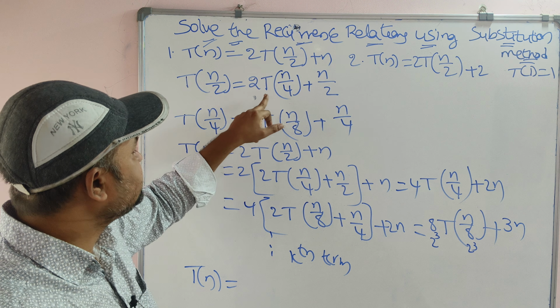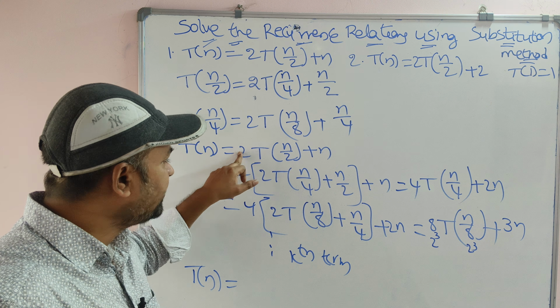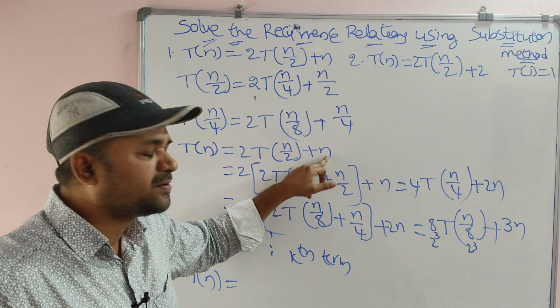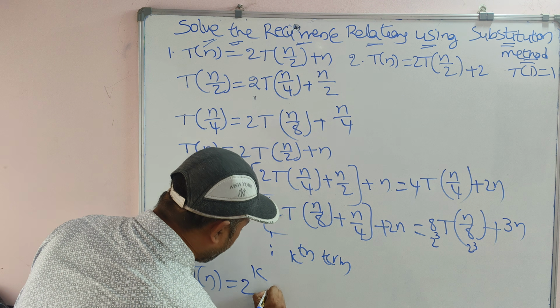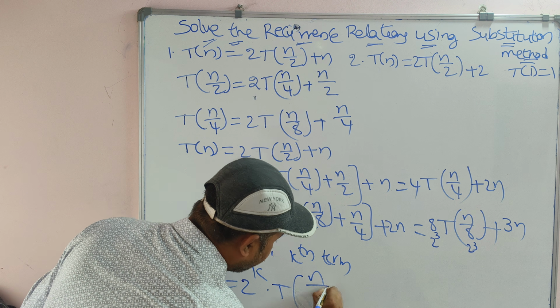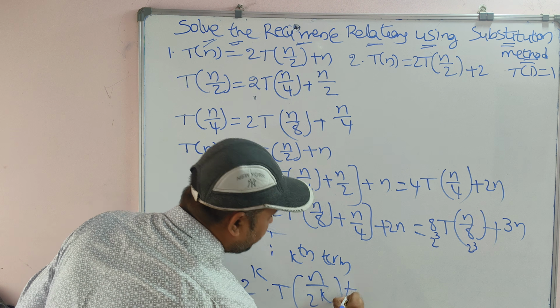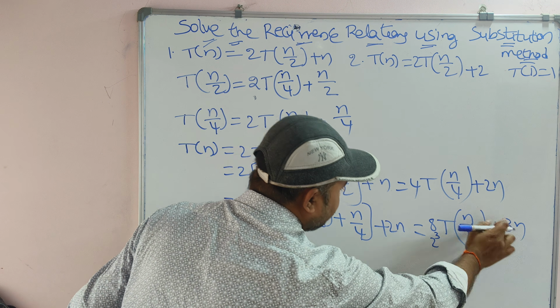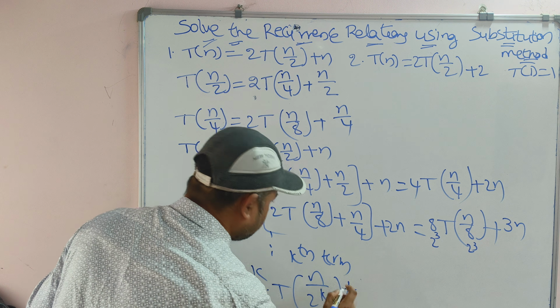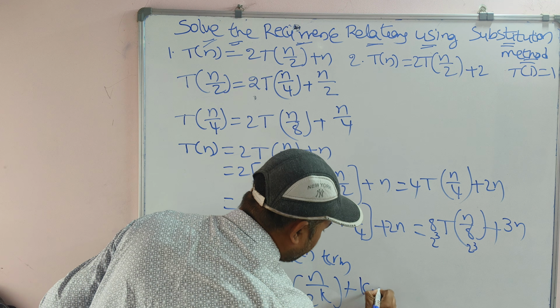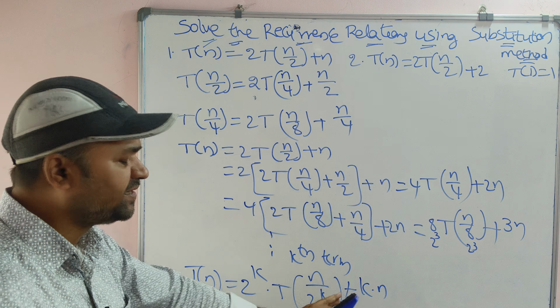Likewise, this is nothing but 2^1 into T(n/2^1) plus 1 into n. So on, what is the kth term? 2^k into T(n/2^k) plus k into n. So this is nothing but the kth term.